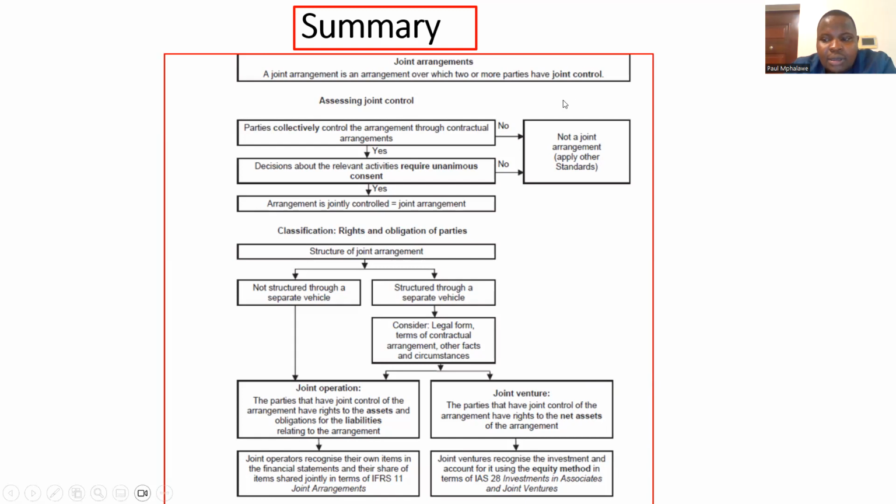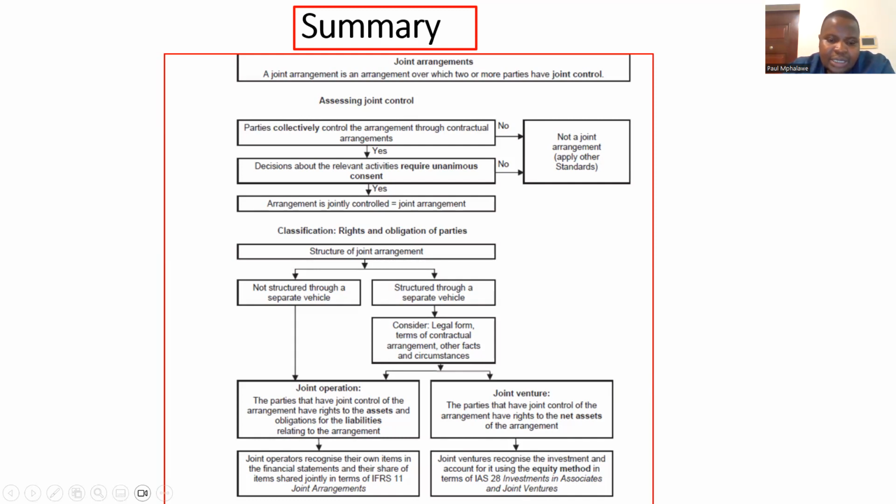Okay? My friends, you must not miss this. This is your determining point between joint operation and joint venture. So under joint ventures, we're concluding to say joint ventures recognize the investment and account for it using the equity method in terms of IAS 28, investments in associates and joint ventures.